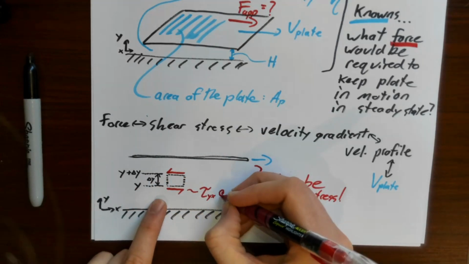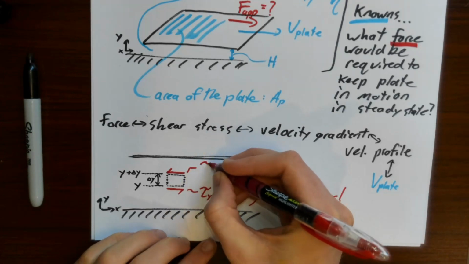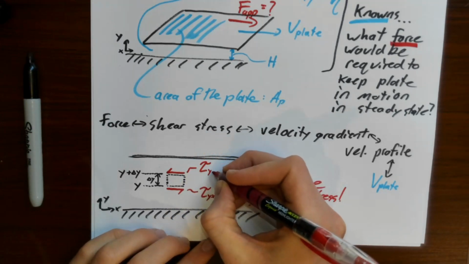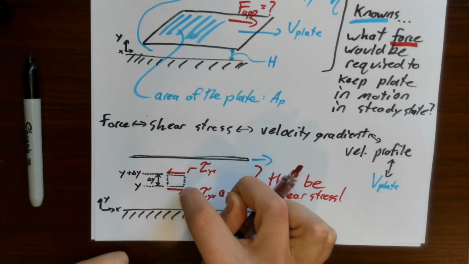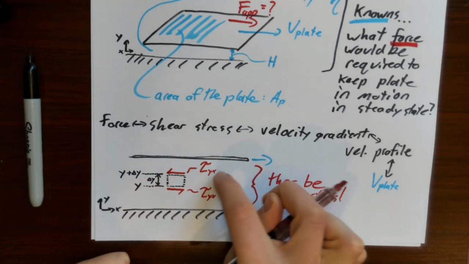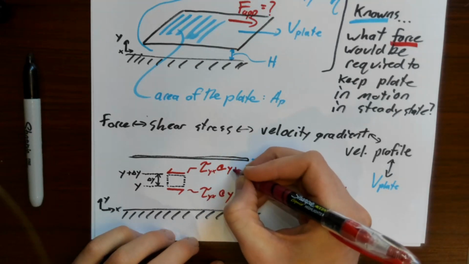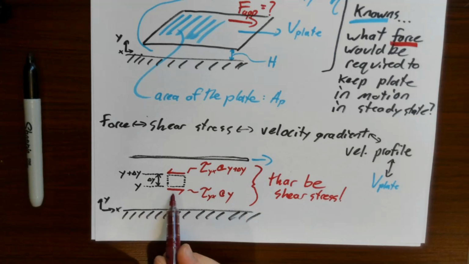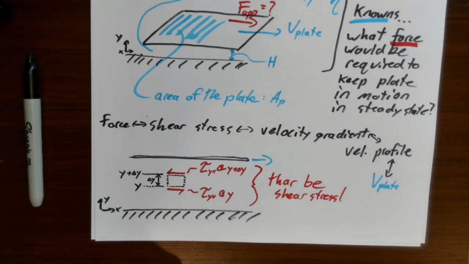Up here, we have some tau yx too, because it's still associated with a normal in the y direction and forces in the x direction. But this is tau yx at y plus delta y. So we have some shear stress on the bottom, some shear stress on the top, and hypothetically, these two shear stresses could be different from one another. Let's analyze this a little bit further.